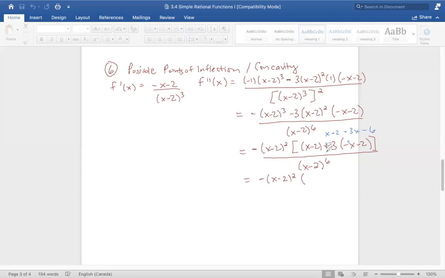So in the brackets, I would have x minus 3x, which would be negative 2x, minus 8, all over my denominator.